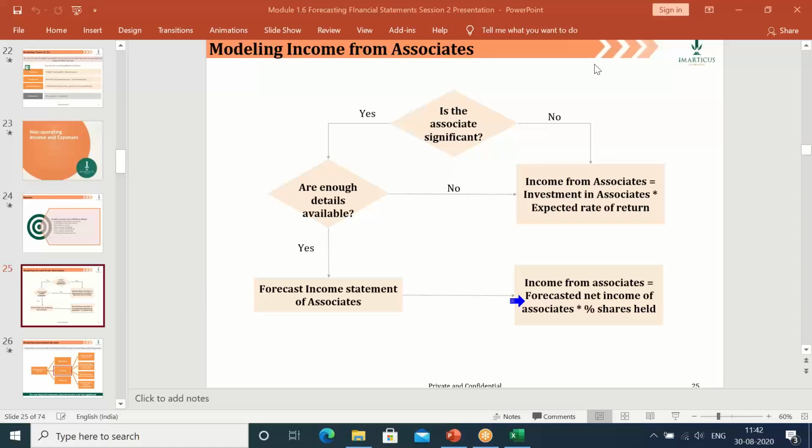Sir, in these two scenarios, we have just two things: we can forecast the income statement, or we can take the ROI. What if we have invested in a new startup and we have neither the forecast nor the ROI?